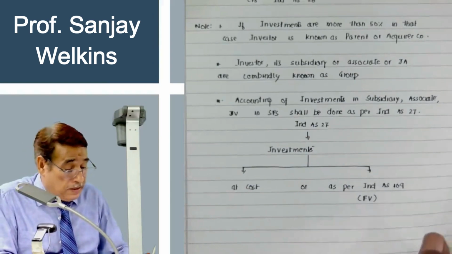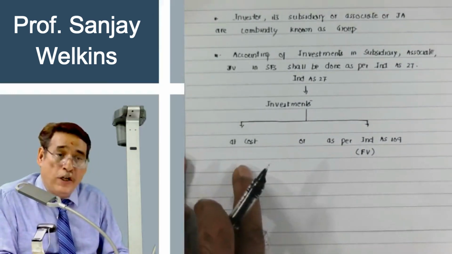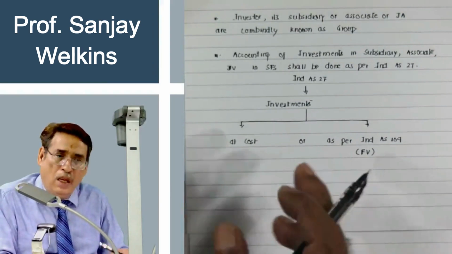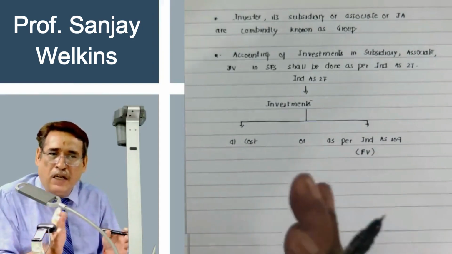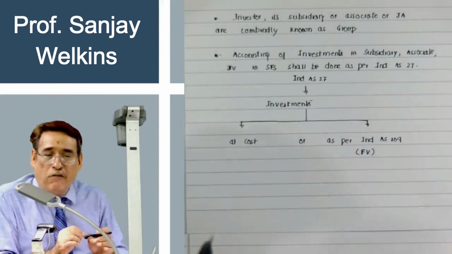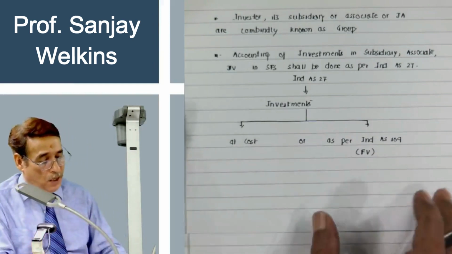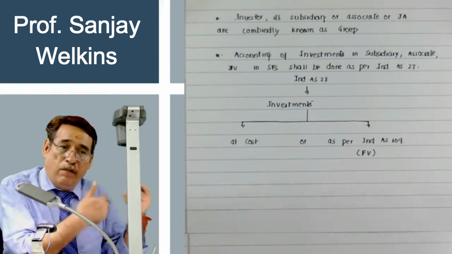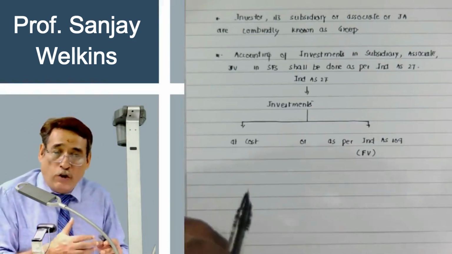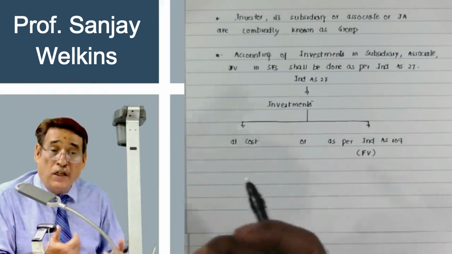So Ind AS 27 states that you can reflect in your separate financial statement your investment either at cost or as per the provisions of Ind AS 109. And Ind AS 109 simply states that you can reflect your investment at fair value. Now, further, when we make the investment in another entity, quite obviously we are bound to get some return out of it. We may receive dividend or interest on it.